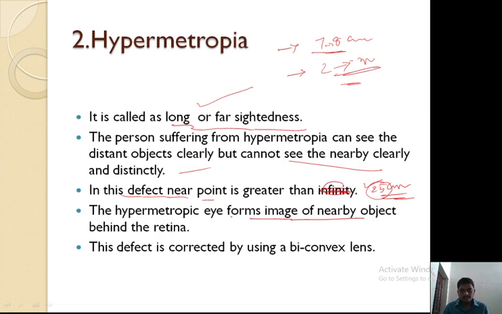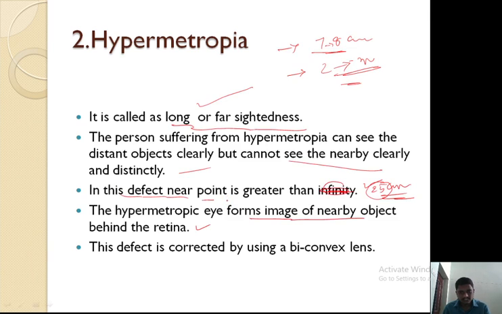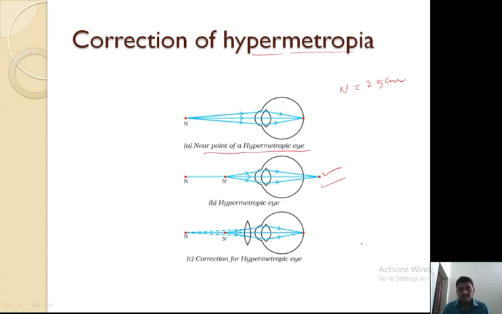So the hypermetropic eye forms the image behind the retina. That is why the person cannot see the object clearly and distinctly. This defect is corrected by using a biconvex lens, or converging lens. This is the near point of a person suffering from hypermetropia; N is greater than 25 centimeters here.